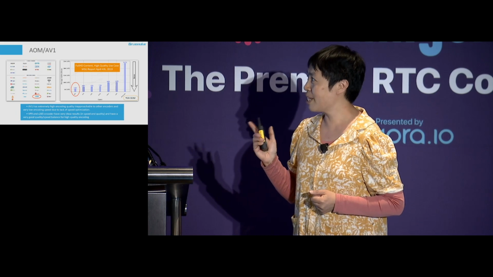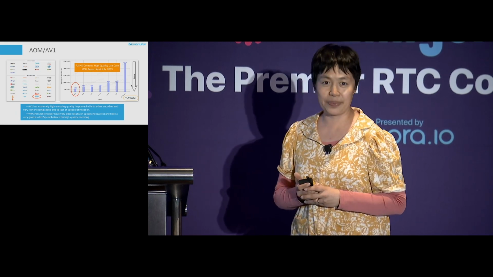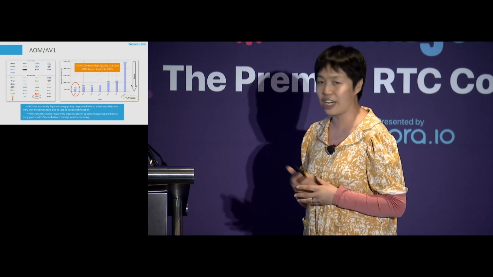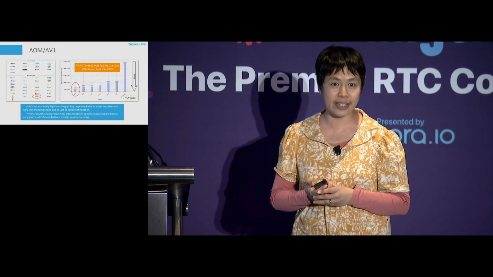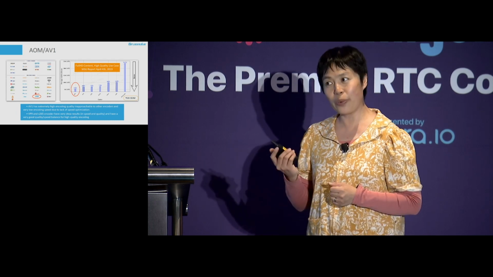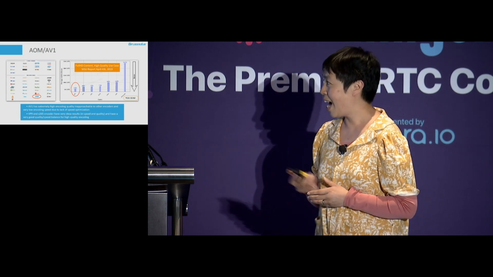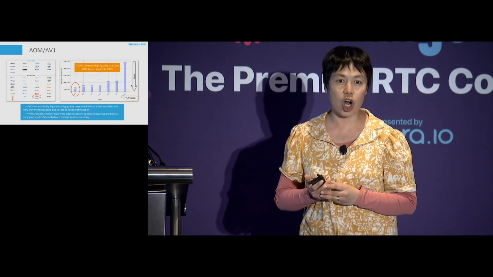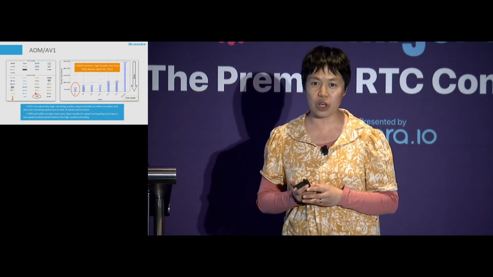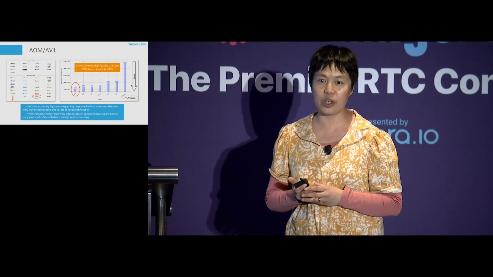I will mostly skip the introduction of AV1 because Debugger already introduced it. There are already 42 members in the Alliance for Open Media. We are one of those. And AV1 is not only an open source, royalty-free video codec standard, it also shows great coding efficiency potential.